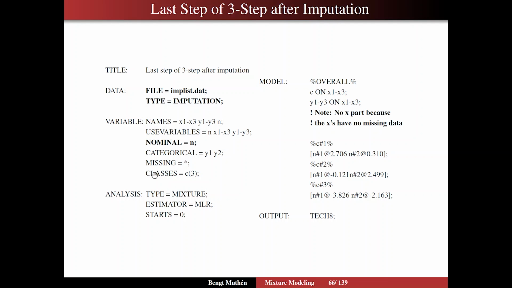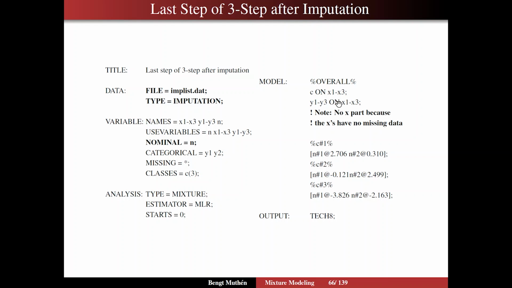And note then that we have not designated x1 as categorical, and that's for the following reason. Over here on the right in the model, we have C on x1 to x3 and y1 through y3 on x1 to x3. So the x's are all covariates, exogenous, independent, and therefore, since their x variables are independent, you don't have to specify the variable type. x1 is just a dummy variable.